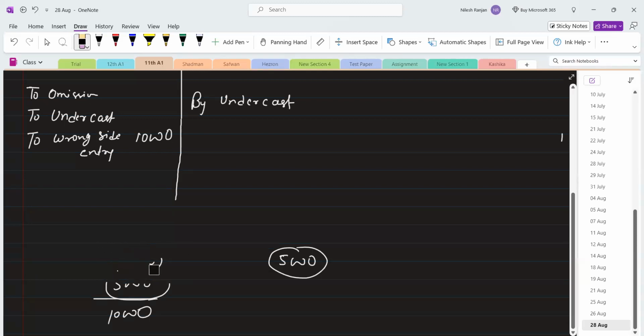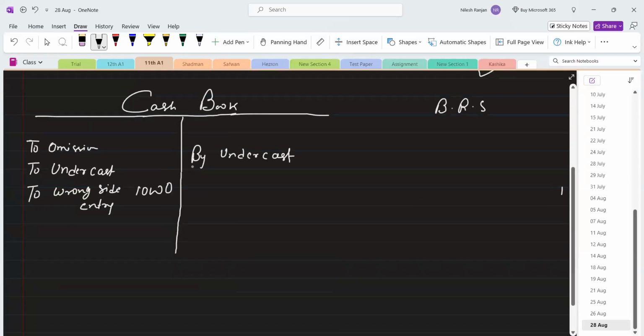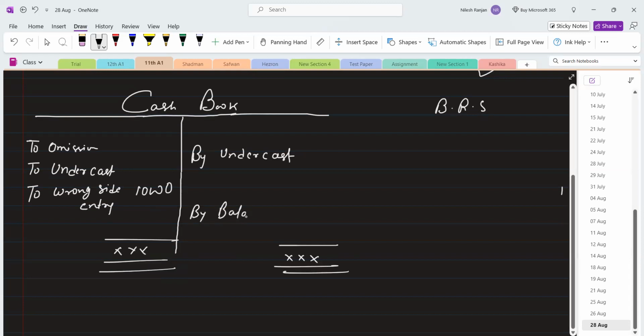So this is how you have to prepare cash book for rectifying the errors, mistakes. After preparing this cash book, you will again get the balance either on the debit side or credit side. You know how to calculate balance.